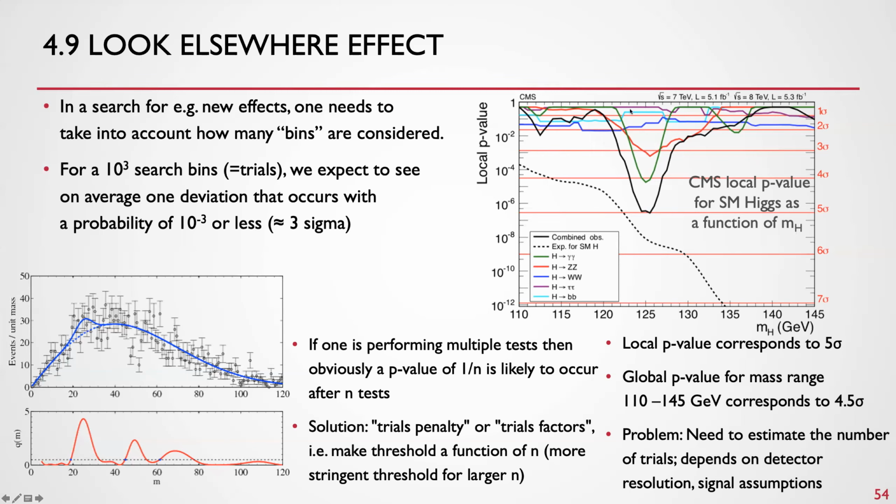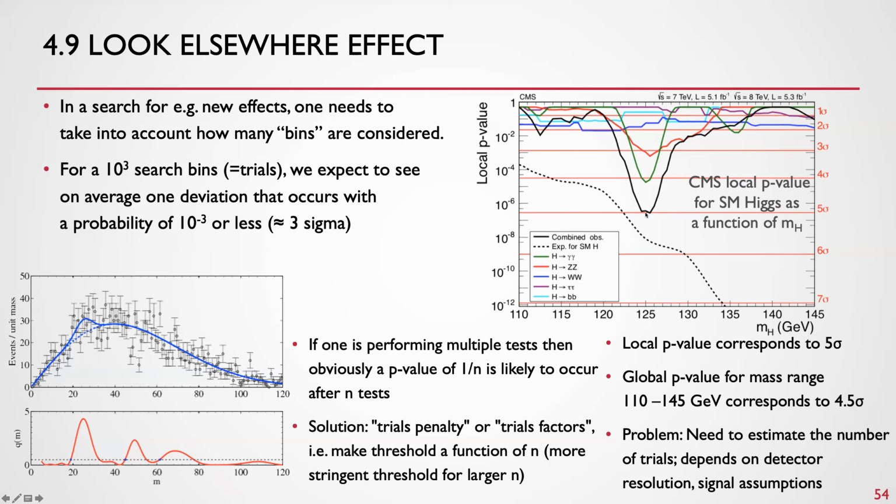These are all different analyses, by different groups of people, mostly PhD students, who run this analysis and then test the result against the data. And we find at the mass of 125 for this particular combination a p-value of less than 5 sigma, which amounts to discovery.